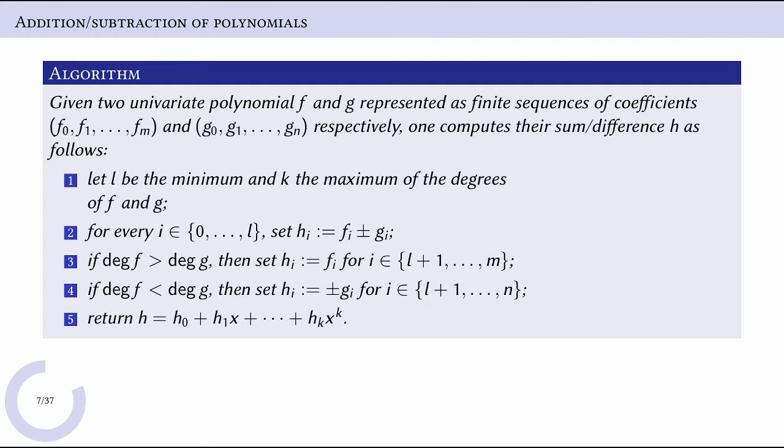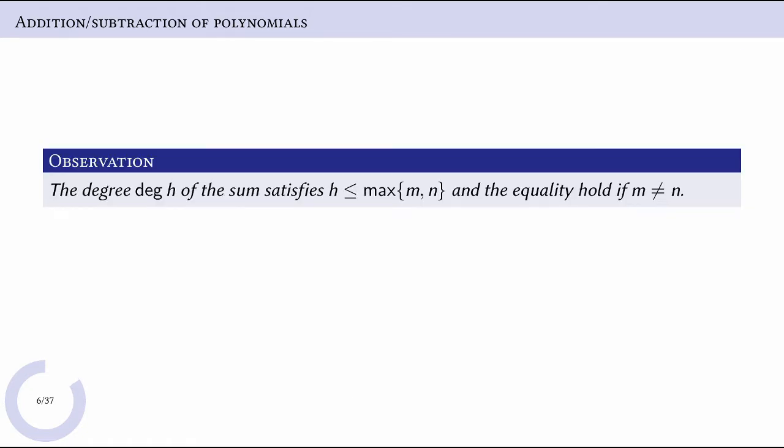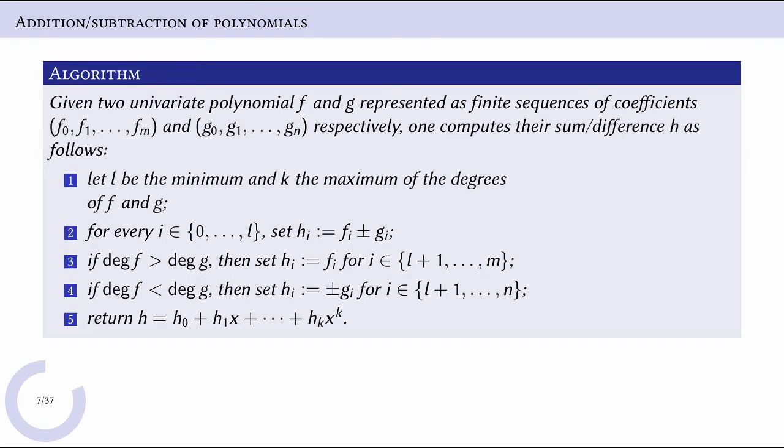If we subtract the polynomials and we are rewriting the g, then we need to change sign. That's all. So the formula for adding and subtracting polynomials can be directly converted into such an algorithm.